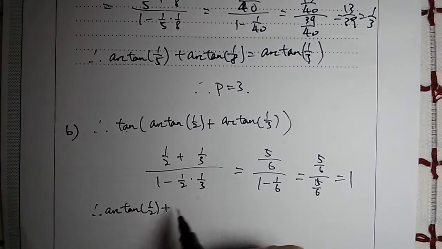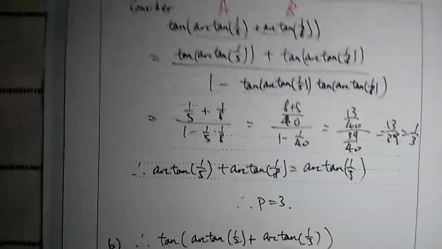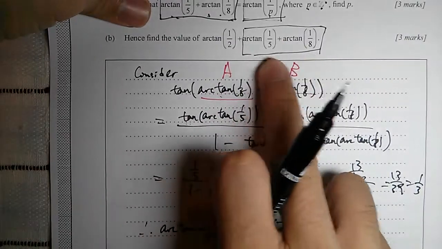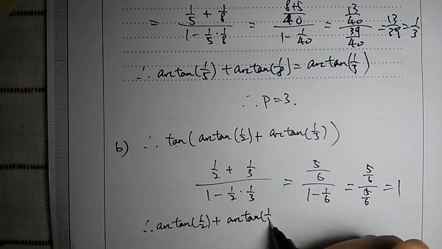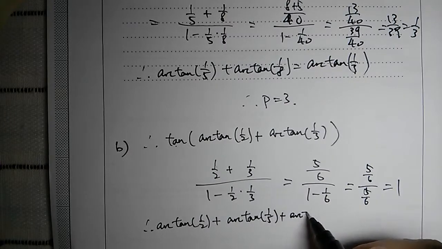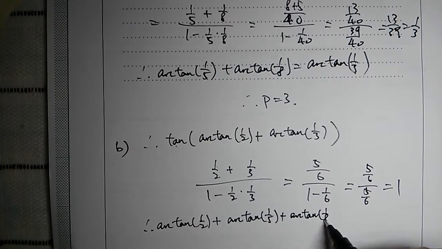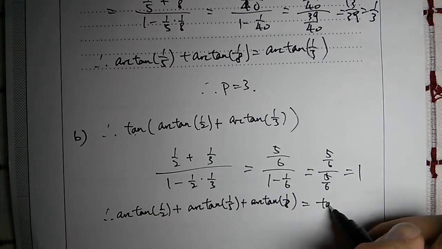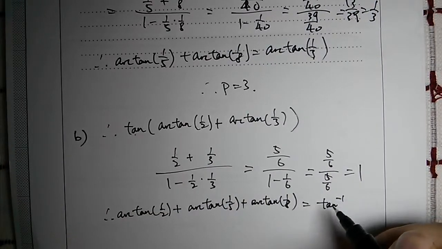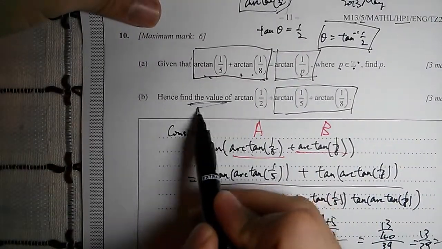So obviously arctangent half plus arctangent 1/3, but arctangent 1/3 is arctangent 1/5 plus arctangent 1/8, equals arctangent 1. Notice that this time they want the value.